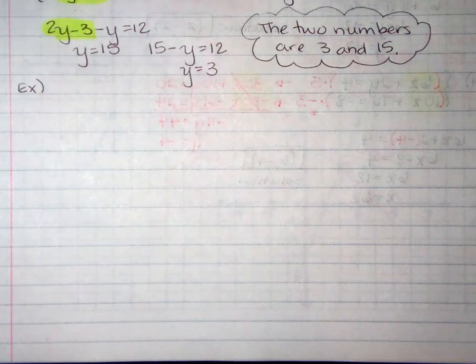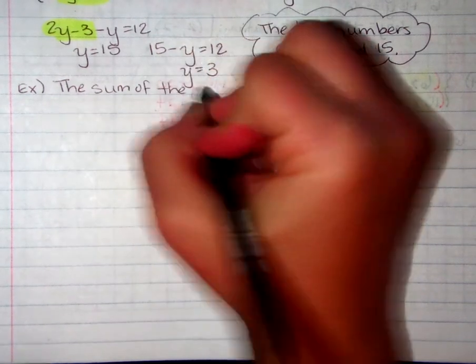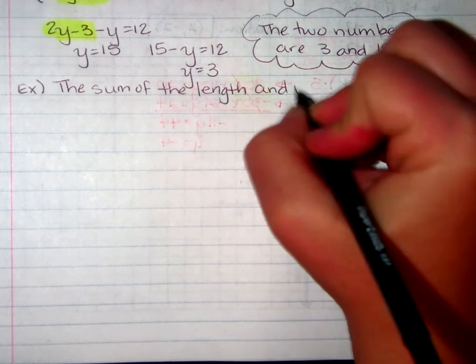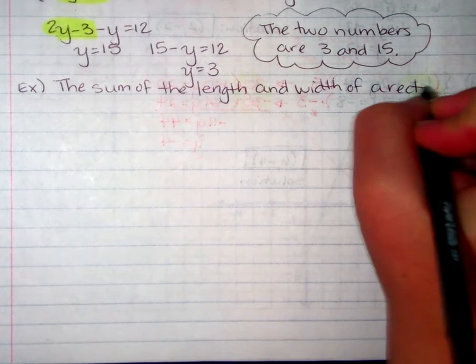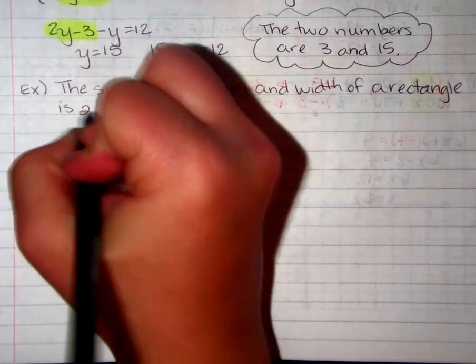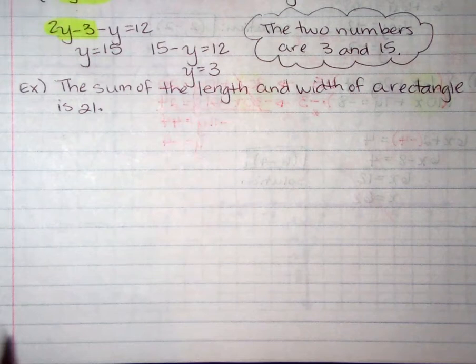The first says the sum of the length and width of a rectangle is 21. So that's the first sentence in our system, and I'm going to be translating that in just a minute.